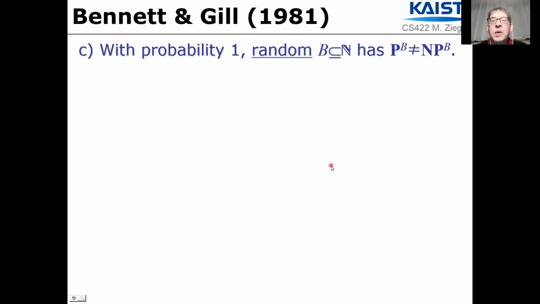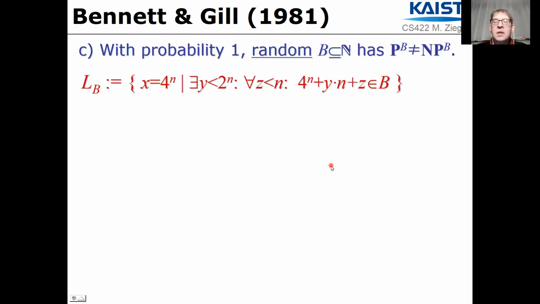With probability 1, random oracle has P different from NP. And we're going to actually construct a decision problem and prove that it belongs to NP with oracle B, but not to P with oracle B, right?